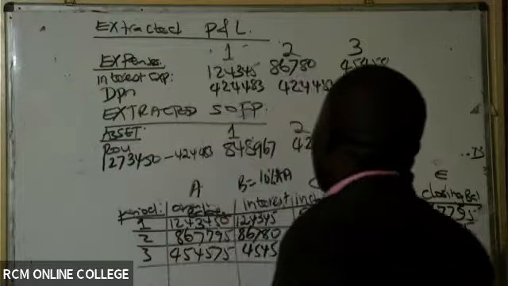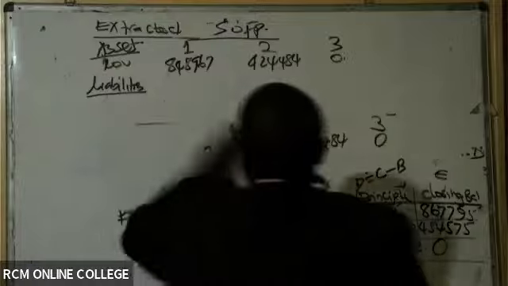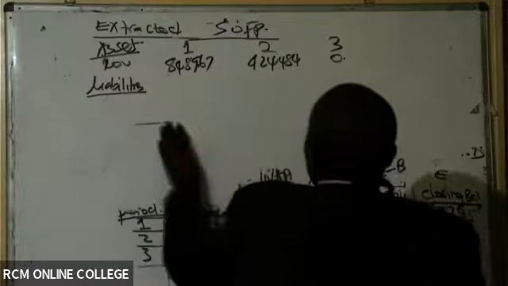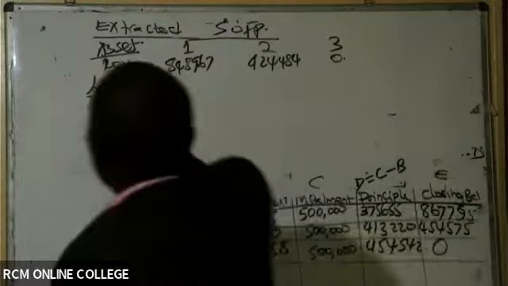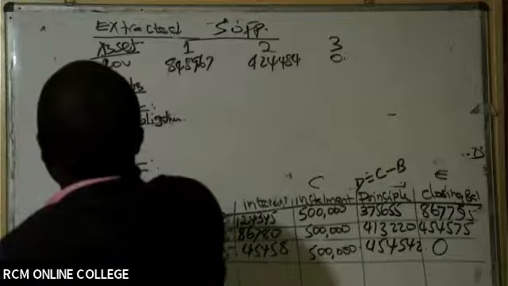On the liabilities, I have 2 of them: non-current liabilities, and then current liabilities. So we have here the lease liability, or lease obligation.